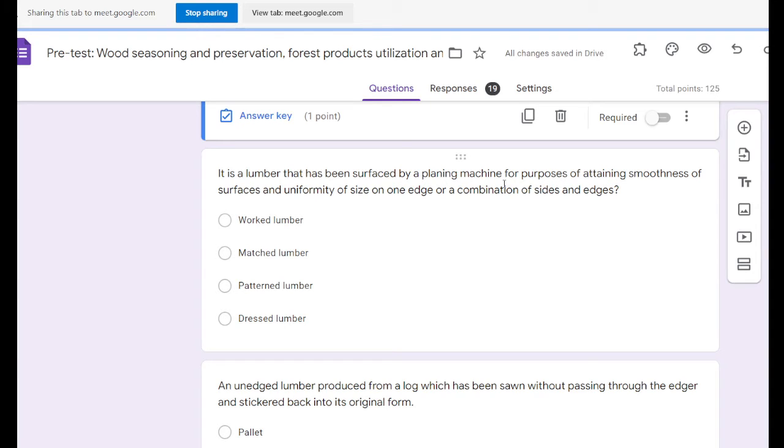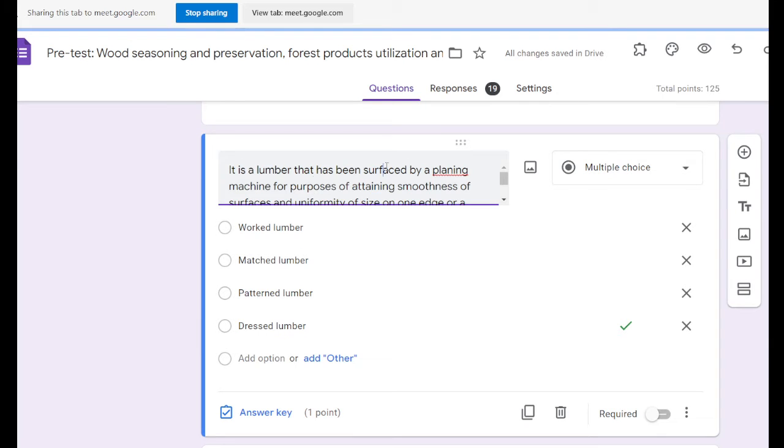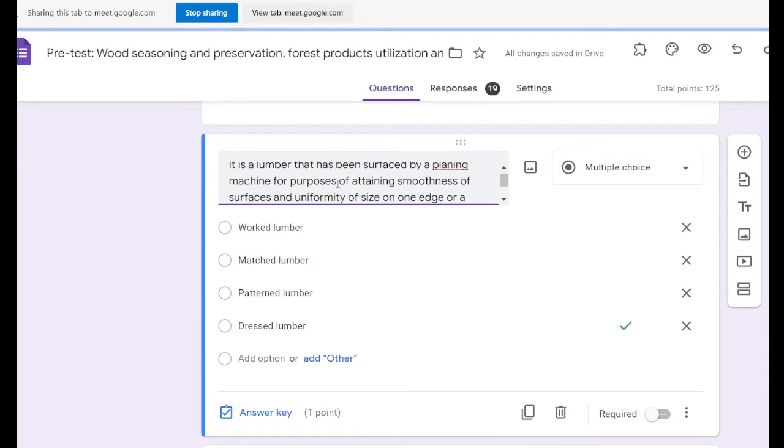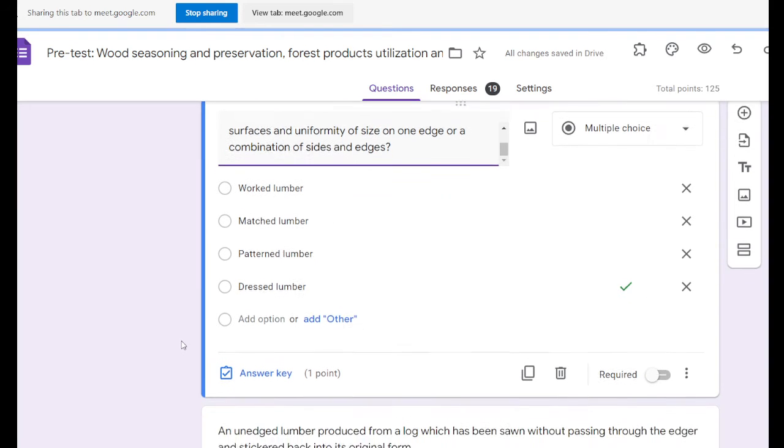What is it called? Dressed lumber, sir. That is a dressed lumber. Okay? Meaning, surfaced by planing machines for attaining the smoothness of surfaces and uniformity of size. It is already prepared for final finishing. So we call that one dressed lumber.